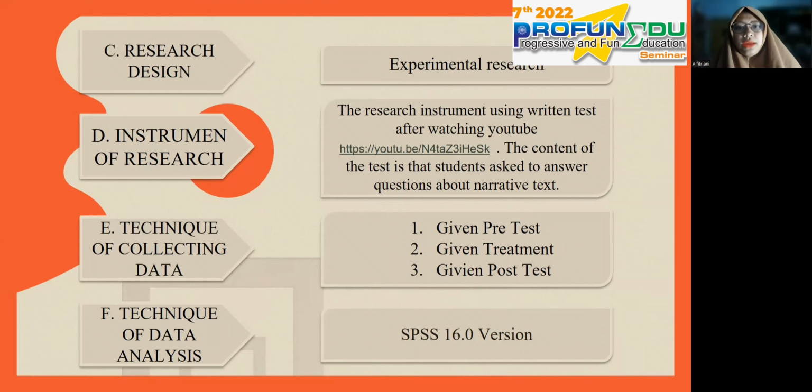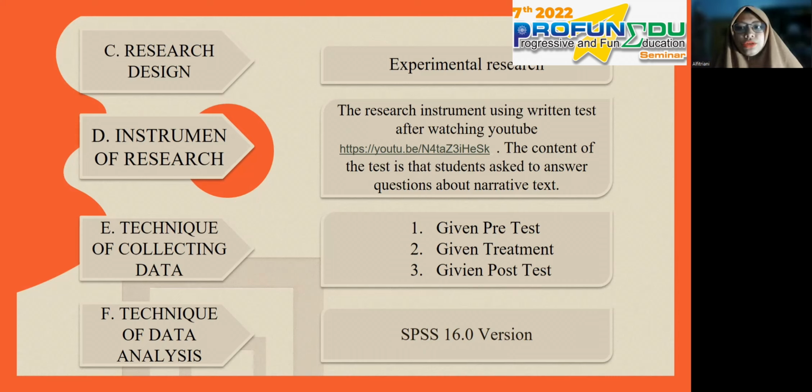The control group did not watch YouTube. And the content of the test is where students are asked to answer questions about narrative text. And for collecting the data, we gave a pre-test, treatment, and post-test.